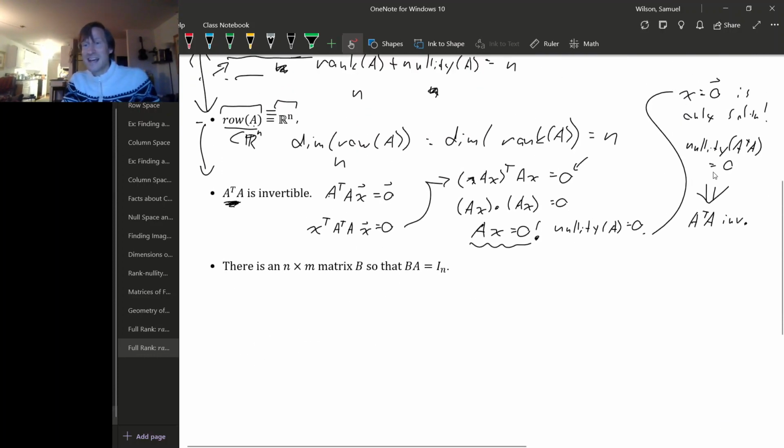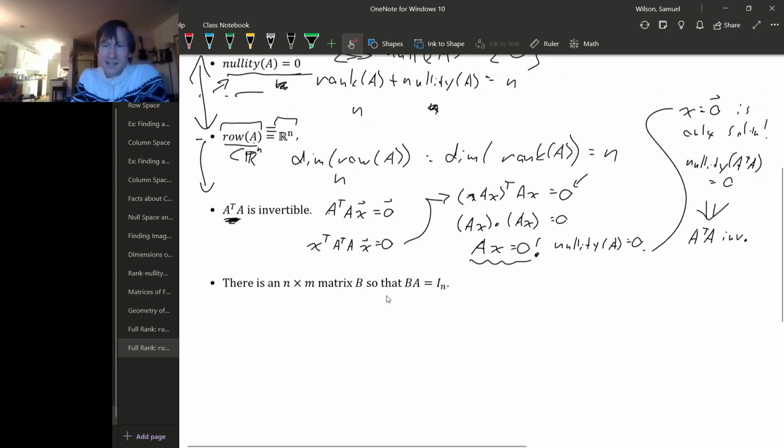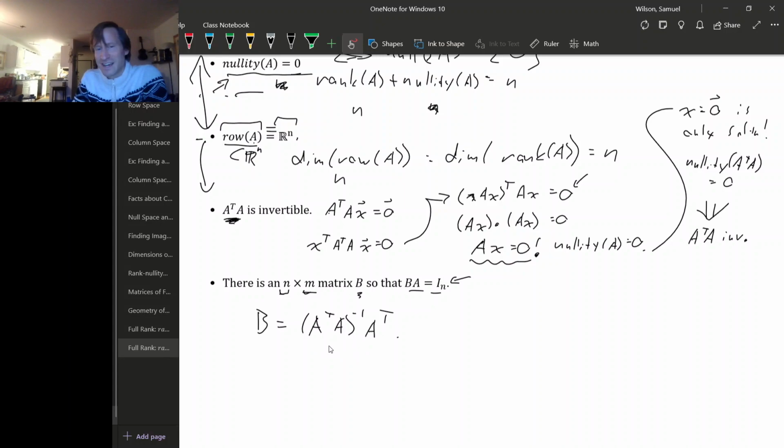Now, assuming that A transpose A is invertible, let's prove that there's a matrix B that's n by m, so that when you multiply on the left, you get the identity of size n. So B has to be of this size just for this equation even to make sense. And as before, I'm going to cheat and just tell you what B is. B is the matrix (A transpose A) inverse times A transpose. So if you check the size of this thing, it has the correct size.